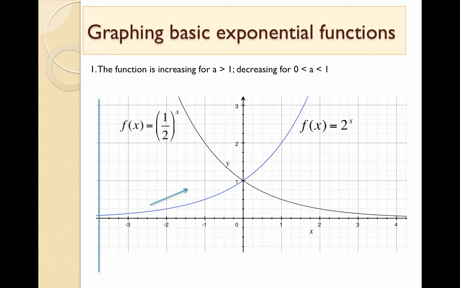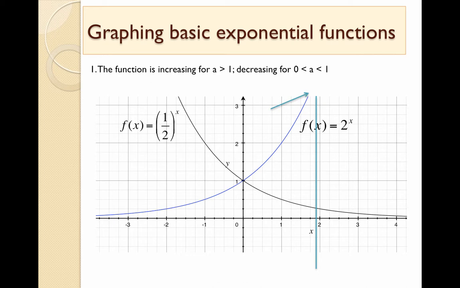First of all, the increasing and decreasing. I've got two functions on here. Let's look at f(x) = 2^x. So focus on the blue curve. A function increasing means that as you're moving from left to right, that curve is going upwards.